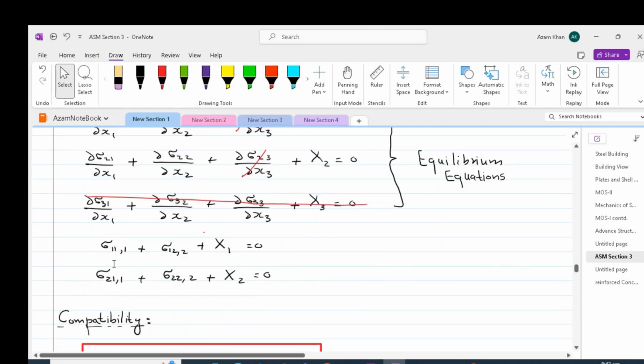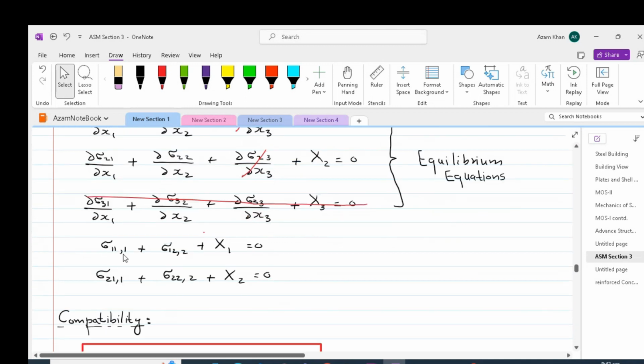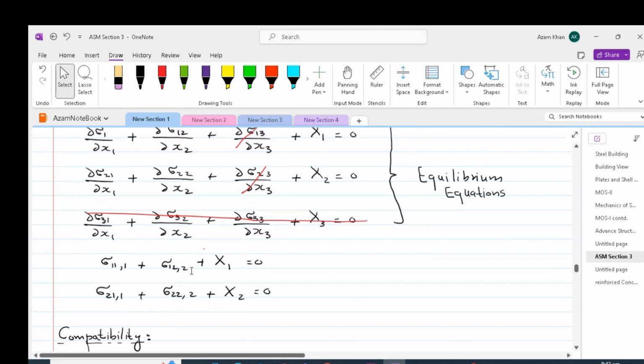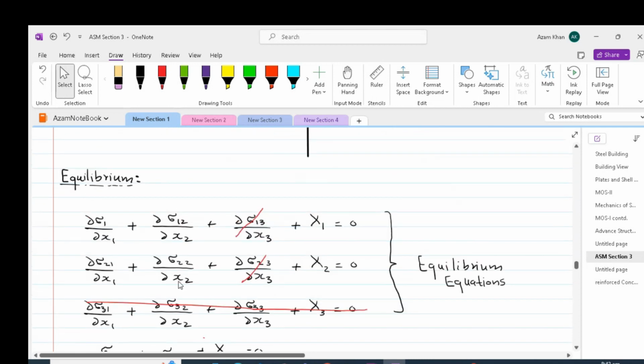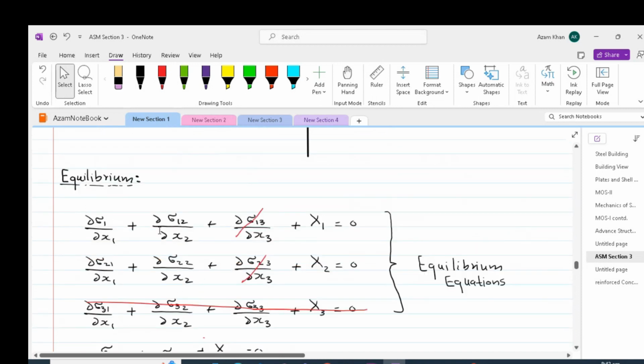We can also write this partial differential as sigma 1 1 comma 1, which means that this variable is getting partially differentiated with respect to x1. Similarly, the second term is differentiated with respect to x2. So this is just a short form of writing these partial differential equations.